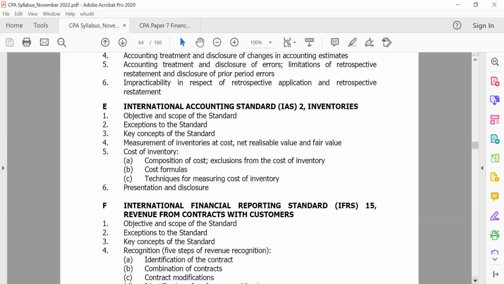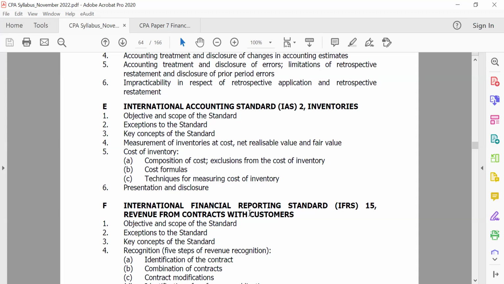And then we have another standard here, which is International Financial Reporting Standard IFRS 15, revenue from contracts with customers. So how do we recognize revenue for contracts with customers?